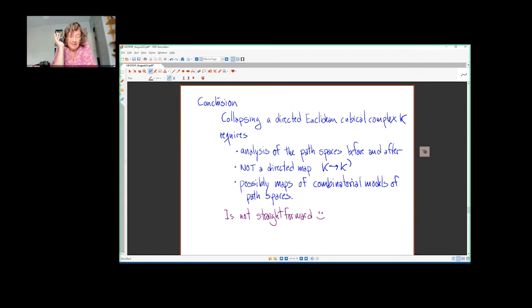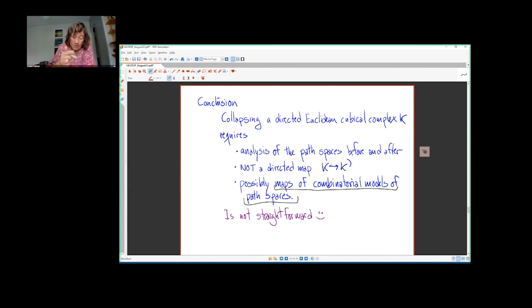The conclusion is that if we want to collapse directed Euclidean cubical complexes, then we need to analyze the path spaces before and after. We do not have a directed map on the space level which will then induce maps on the path spaces. But we could perhaps hope for such a collapse inducing maps of one of the many combinatorial models of path spaces, that is, inducing a combinatorial thing.